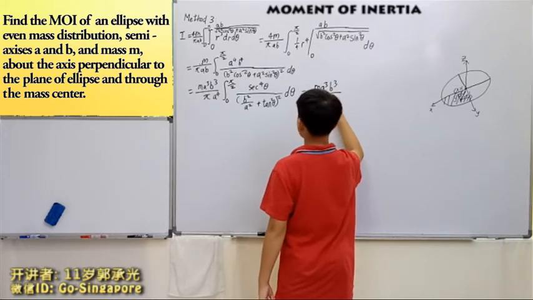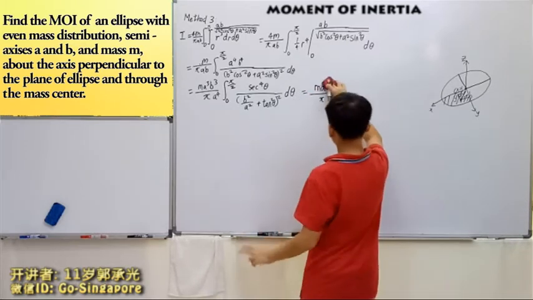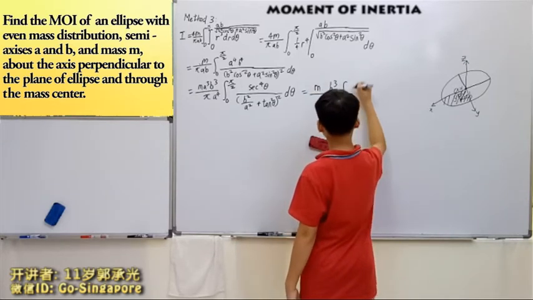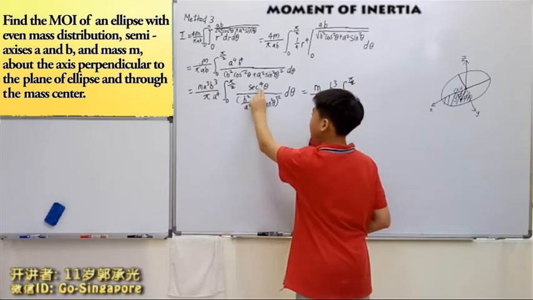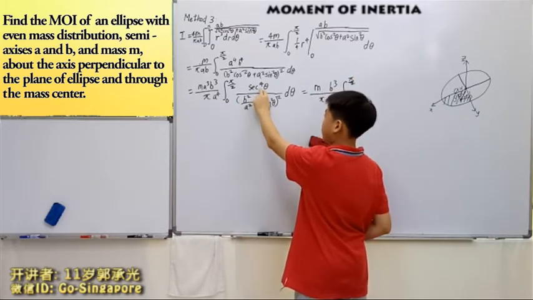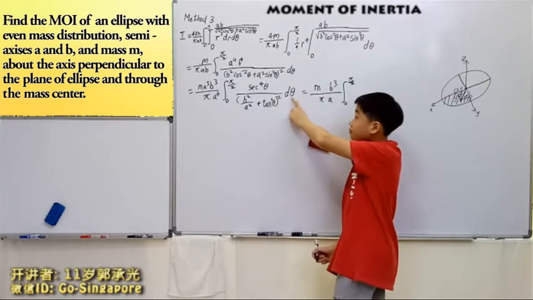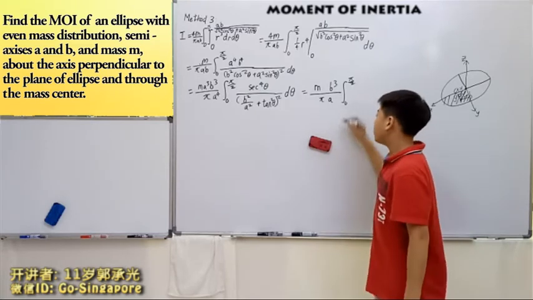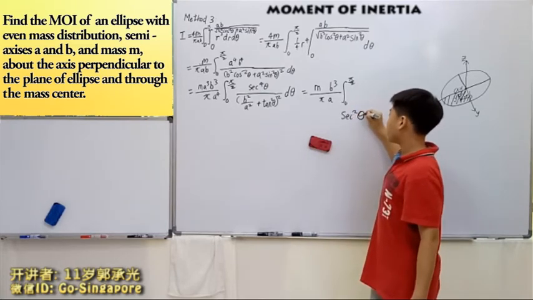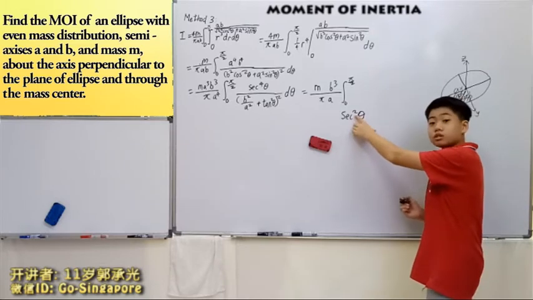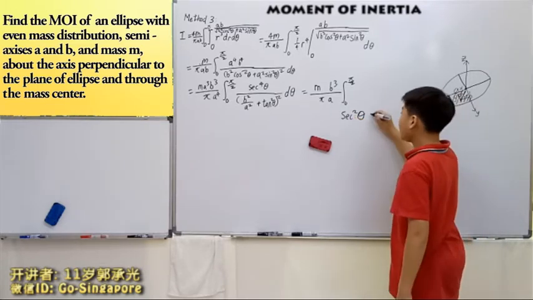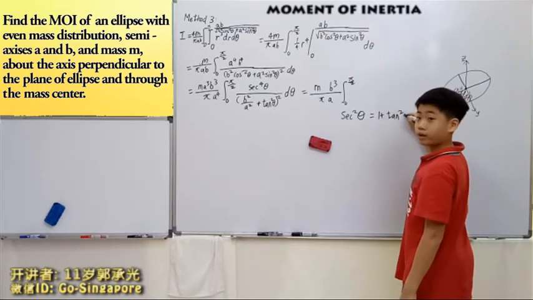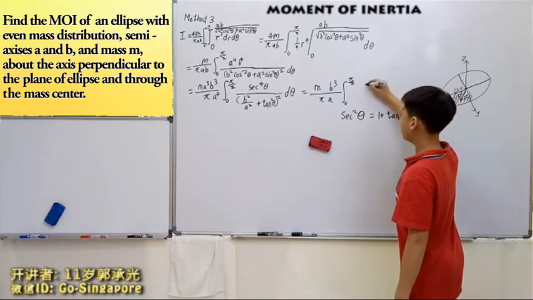Maybe I would want to try something else first. Let's simplify this part and make it look simpler. Secant to the power of 4 theta. I would want to put two of them inside, become a tangent theta. But then, secant square theta is still there. But wait, now this is only squared. So I can change it into 1 plus tangent square theta? Yes, it's possible.